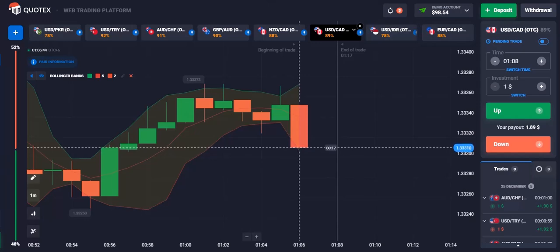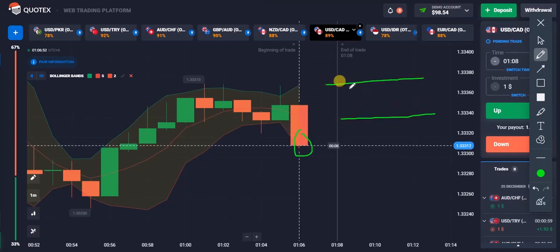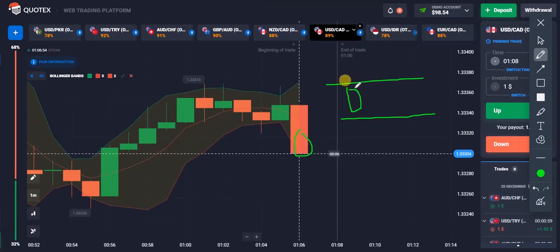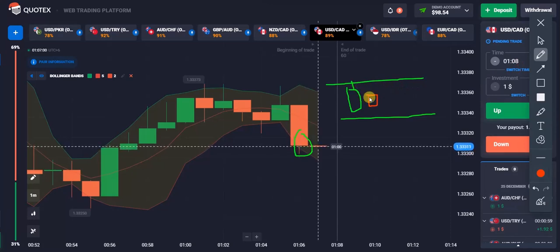Why? Because the second candle touched the bottom line as well. For example, if there is a green candle right here and it touches the upper line, and right after this green candle there is a red candle that touches the bottom line, we are not gonna take this trade.